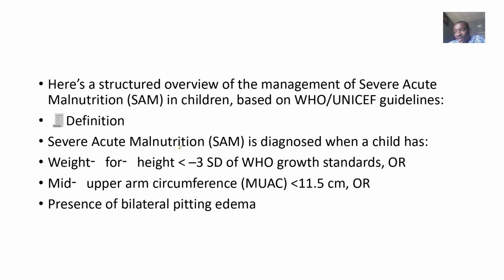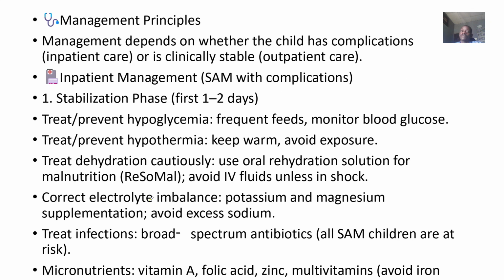If the weight for height is less than 3 SD of the World Health Organization growth standard, or the mid-upper arm circumference, which is the commonly used measure in the clinics where you use the Shakir tape, is less than 11.5 centimeters, or there is presence of bilateral pitting edema, that's where you see there's severe acute malnutrition in the child.